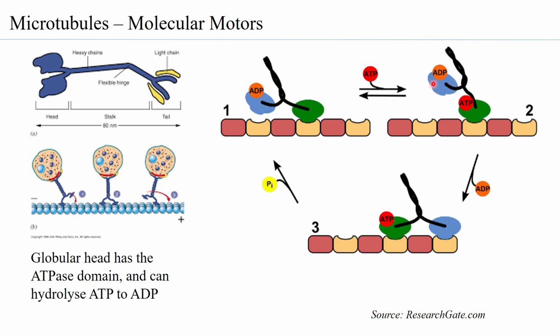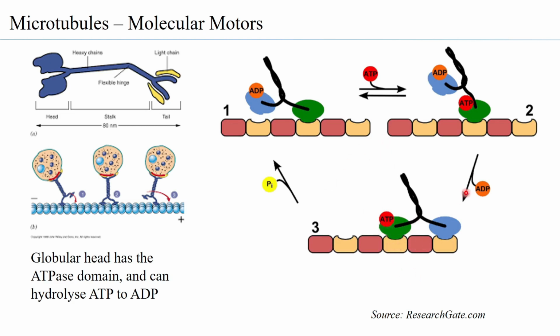Then the one that has released itself is bound to ADP. When it binds to the next heterodimer over here, it will release the ADP, and then to this the ATP will be bound. At the same time, here the ATP is going to be hydrolyzed to release the ADP. When it is bound to ADP, it will remove itself from the heterodimer.